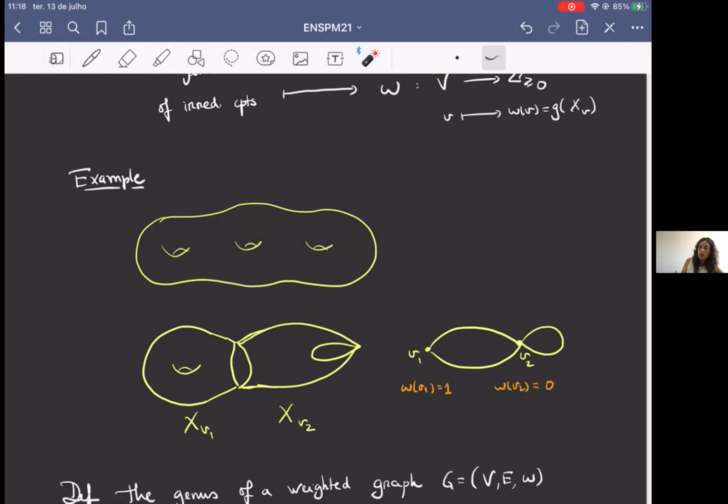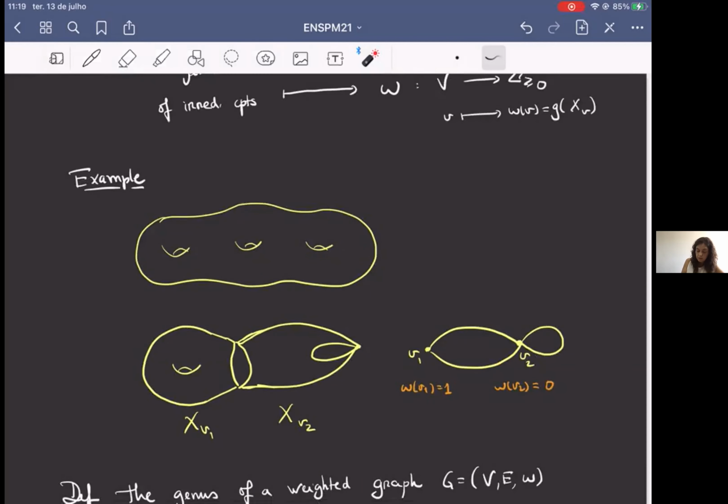Then your dual graph is going to be just 2 vertices, which will be denoting for you that you have these 2 components, with 2 edges connecting these 2 components, which would be these 2 nodes here, and the self node, so a loop, which will be telling you that this component has an internal node.